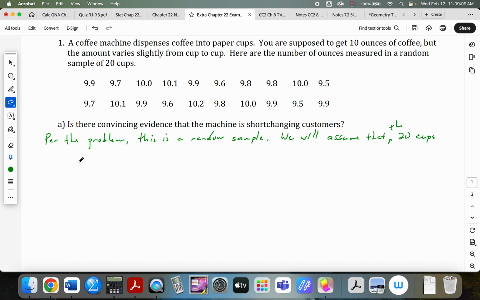So the 20 cups of coffee in the sample is less than 10% of all such cups the machine has made.